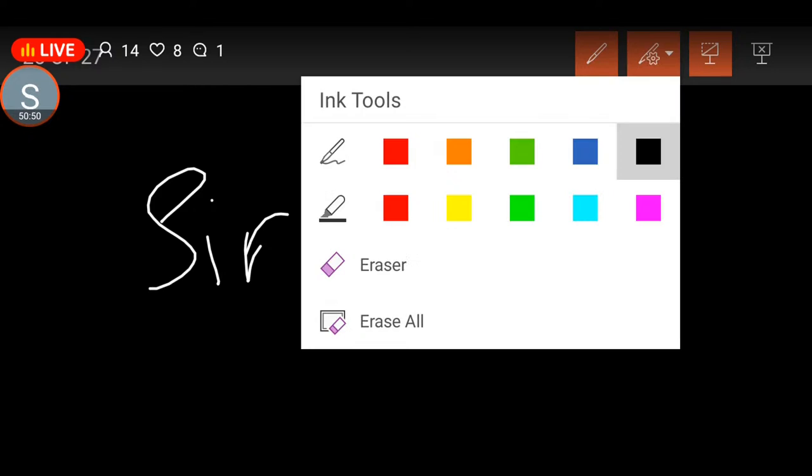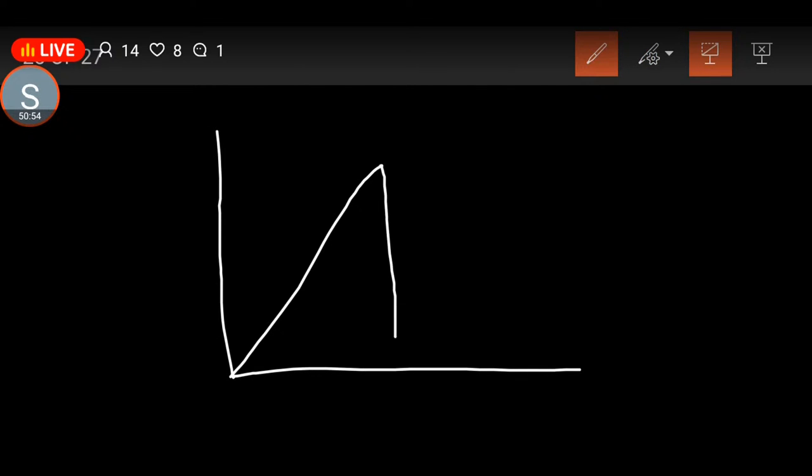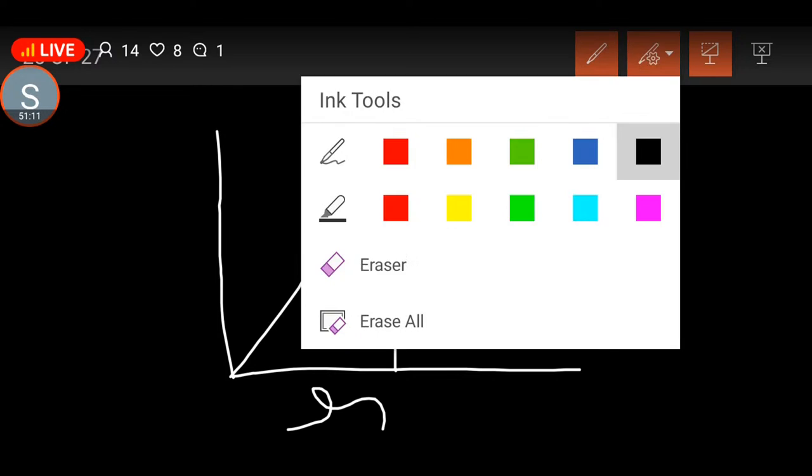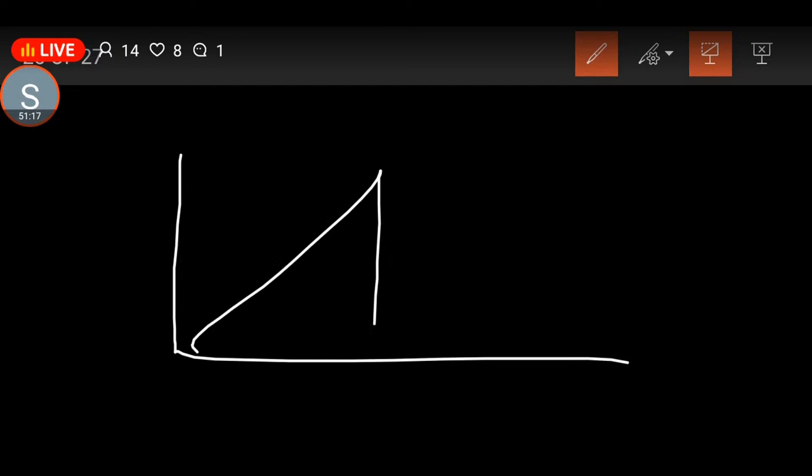Sin theta, what will be sin theta? I'll read the things properly so that you get an idea. Let's take this as y. This is r, the radius.